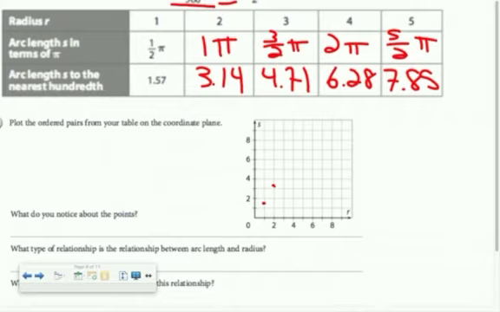When my radius was 3, s is 4.71. Four, 6.28, and 5, 7.85. And what do we notice about the points? They are forming a line.